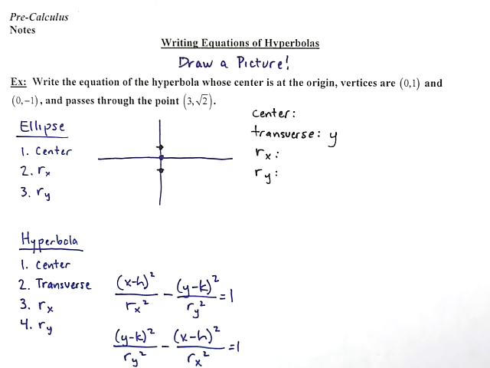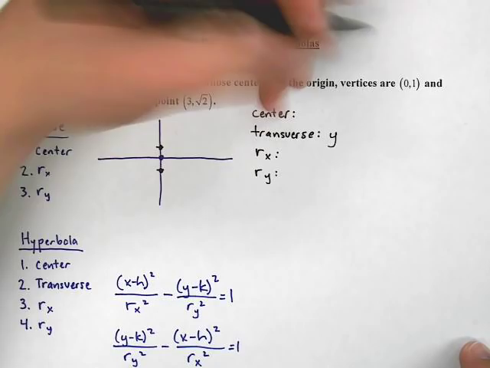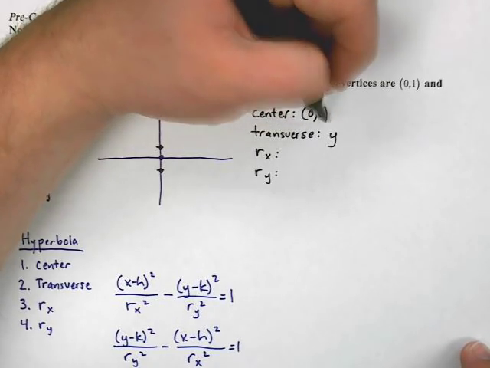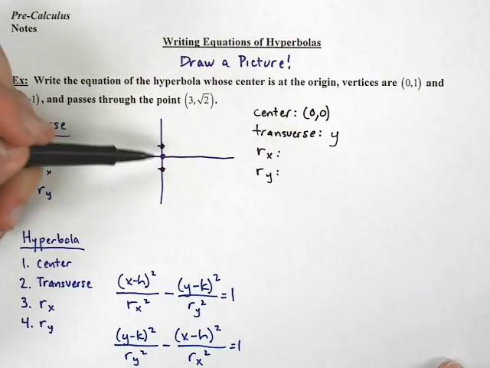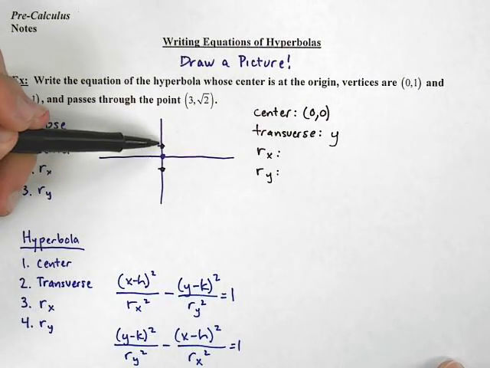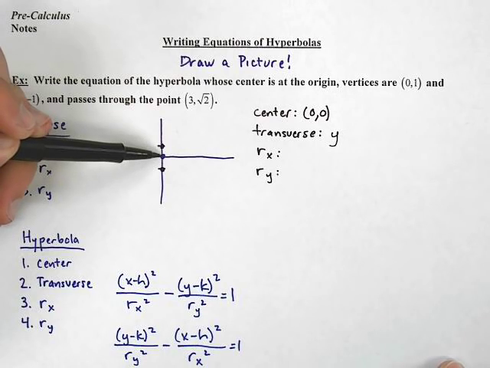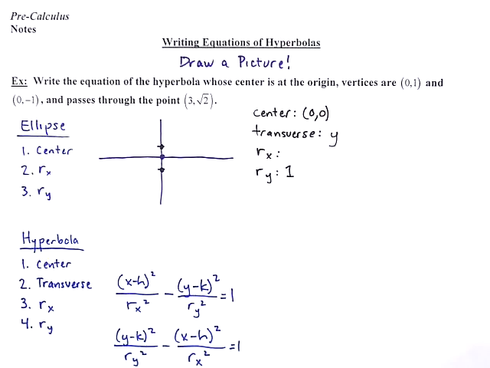So that's helpful. I also have the center, which is (0, 0), and we can even get r sub y. The vertices are 1 above or 1 below the center, so my y radius is 1.